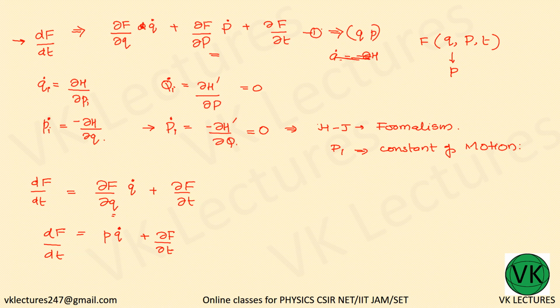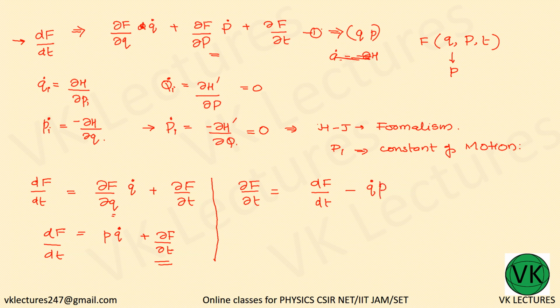Now once again, let us write down what is ∂F/∂t. From here, ∂F/∂t is equal to dF/dt minus q dot times p.